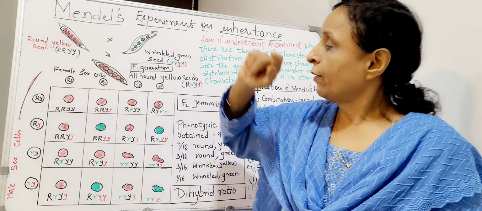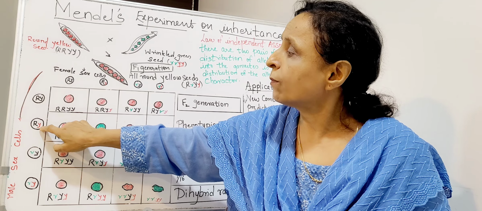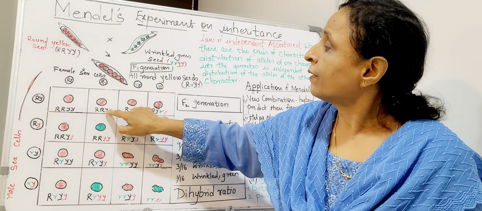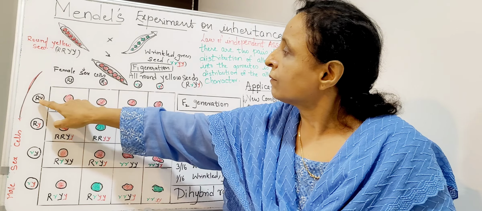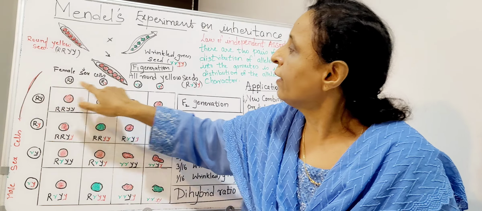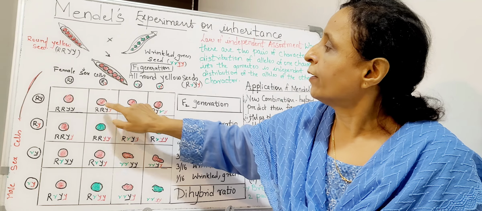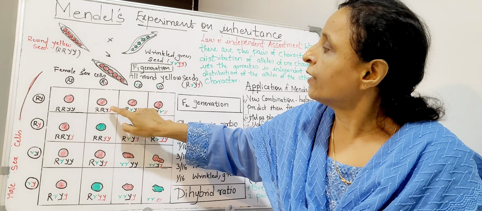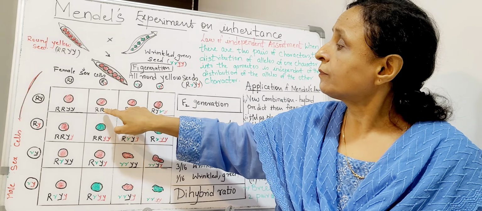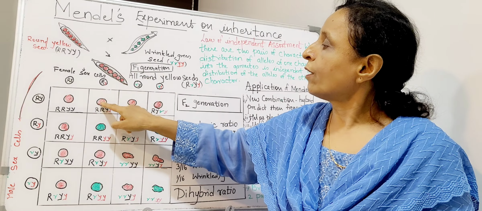Now the next combination, capital R, small y with capital R, capital Y, gives R, R, Y, small y. Naturally here capital R is present, therefore it is round and smooth, and capital Y, therefore it is yellow. So it is yellow, round and smooth.